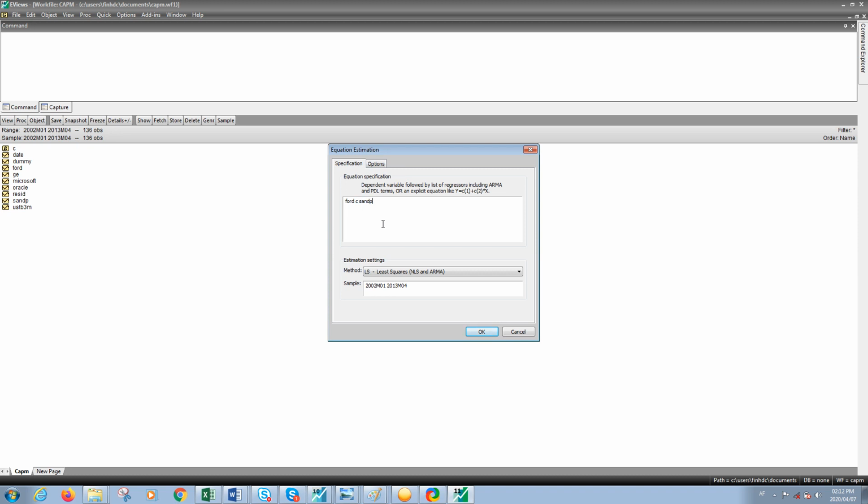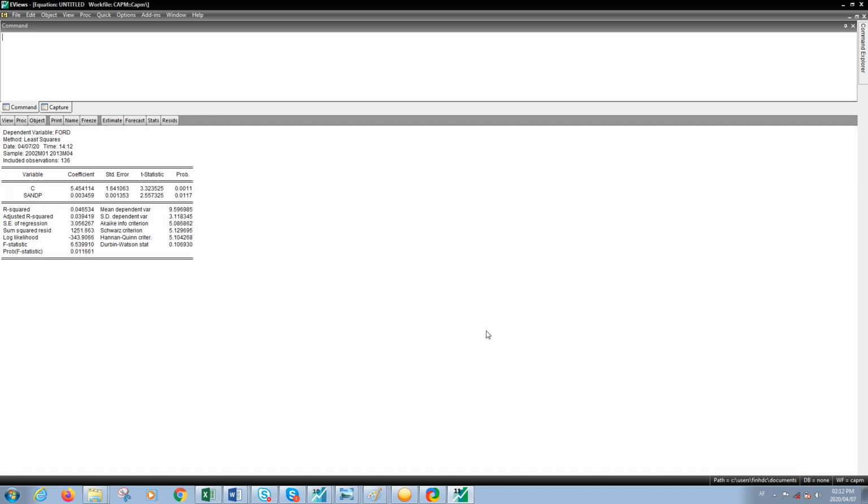If you want to see what the effect of GDP is on the MTN share price, MTN will come in play here as our dependent variable. We'll always have our coefficient, and we'll have our GDP as our explanatory variable. Okay, we can run this, and then we end up with this, where we've got our dependent variable as Ford, it tells us the method, least squares method, and this is then our output.